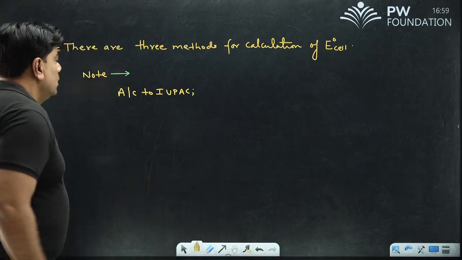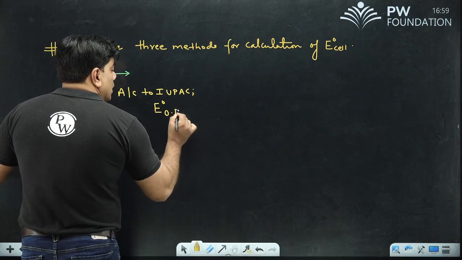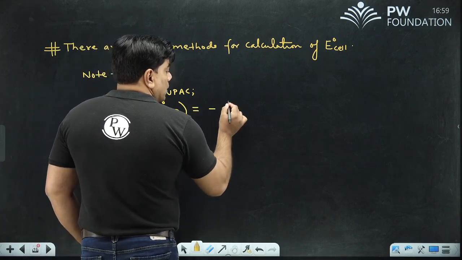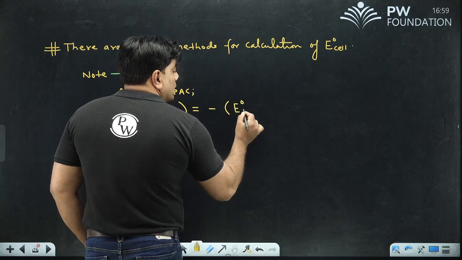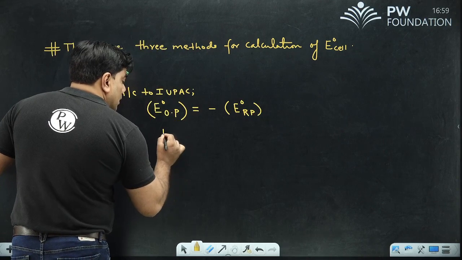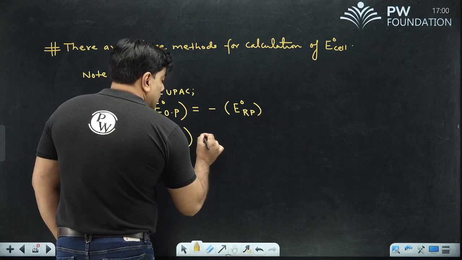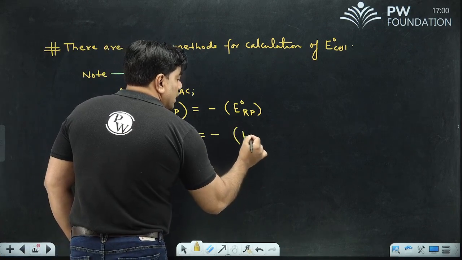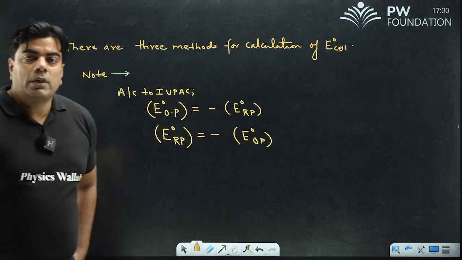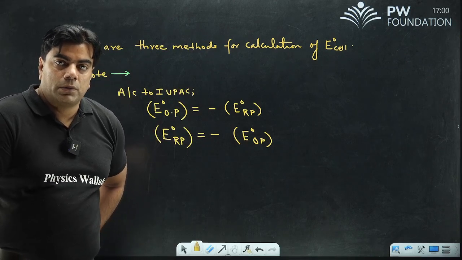A standard oxidation potential can be written like that: negative of a standard reduction potential, and a standard reduction potential can be written like that: negative of a standard oxidation potential. This rule was set by IUPAC, not me.